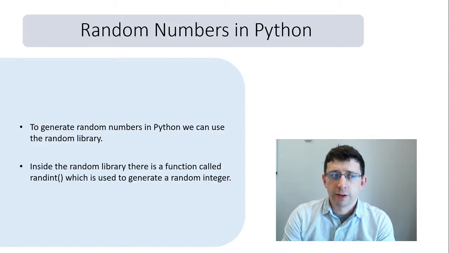Inside the random library there are different functions, and one of those functions is called randint, which is used to generate random integers. We'll be using random integers in this quiz. So let's go on over to REPL and see how we would code in some random numbers.